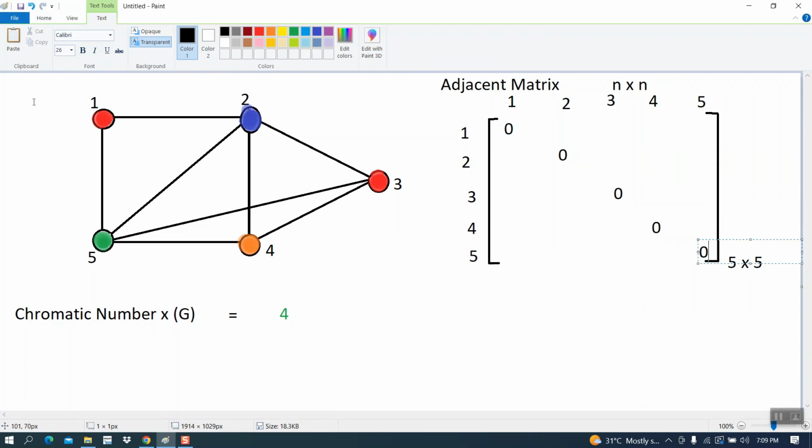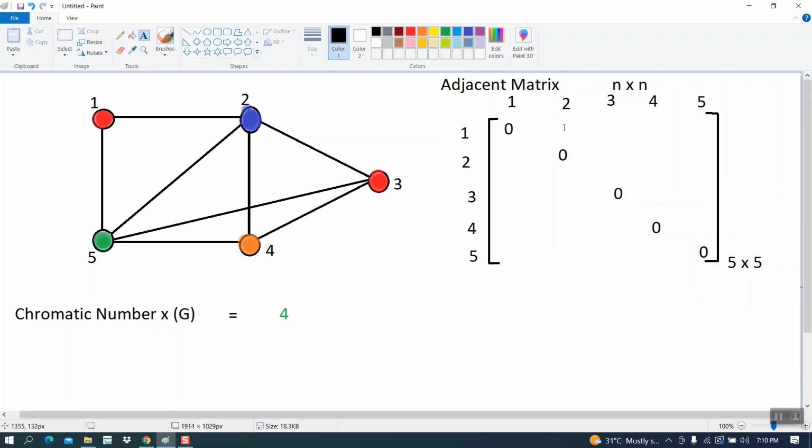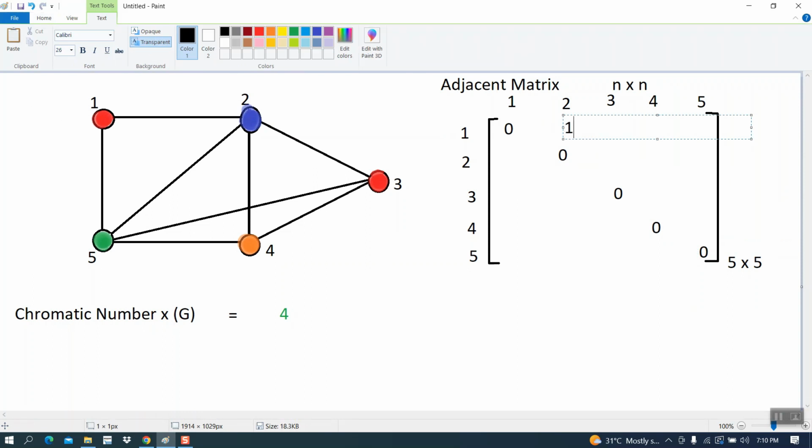Now 1 to 2, yes, we have one edge, so we put 1 here. See, 1 to 3 we do not have any direct edges. 1 can reach 3, but they do not contain any direct edges.